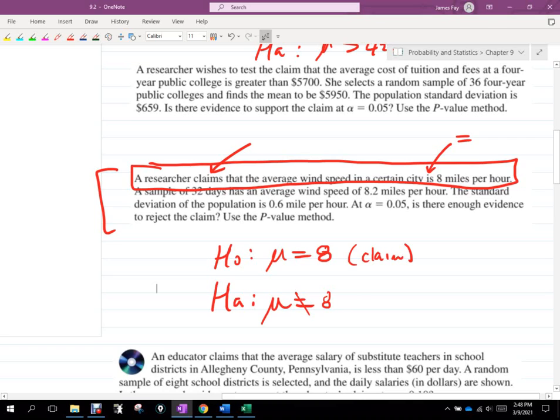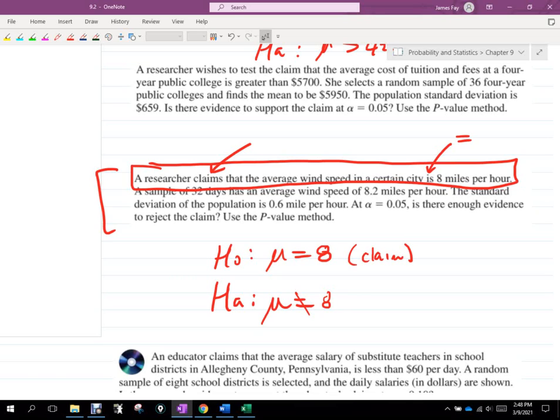In our wording, we would say that we can reject the claim, and that the data has produced evidence that would be supportive of this, that the mean average wind speed is not 8 miles per hour. Does that kind of make sense? So being able to identify the claim is ultimately going to allow you to better verbalize your results.